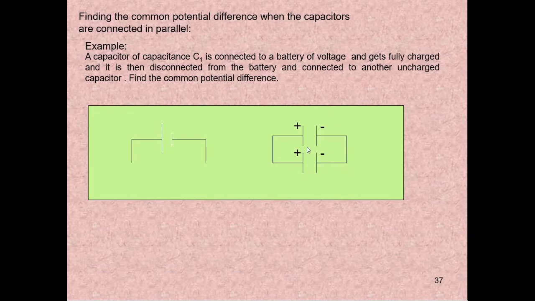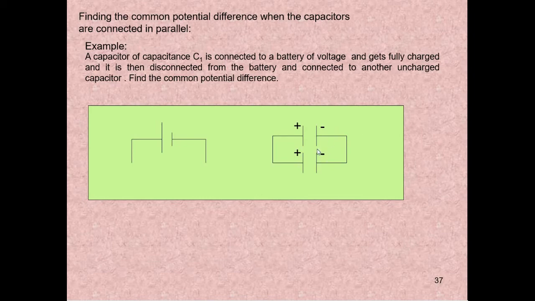You can use the concept in parallel combination: charge divides in the direct ratio of capacitances. So you can find charge on this and charge on this. Once you know the charges, you can find PD because V is Q by C. For this also you can use V is Q by C, the general formula.